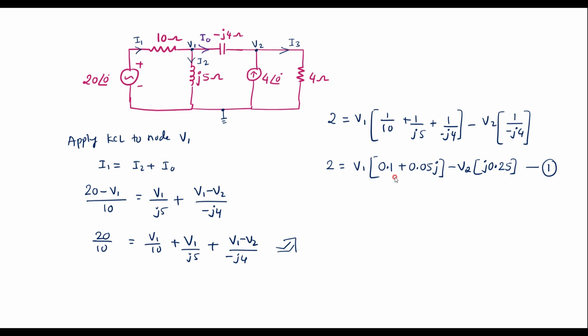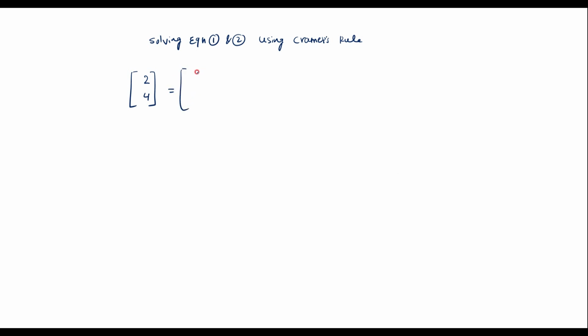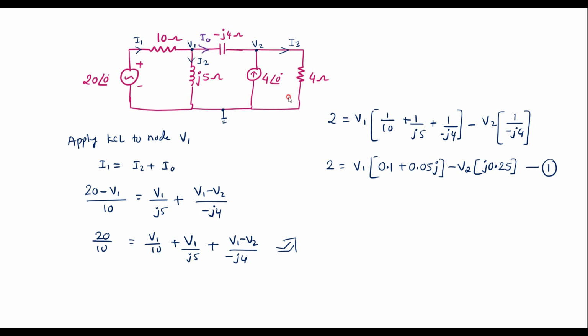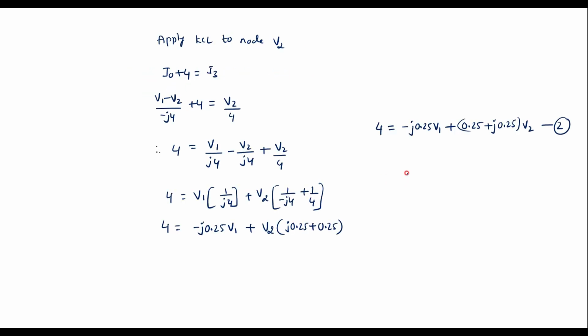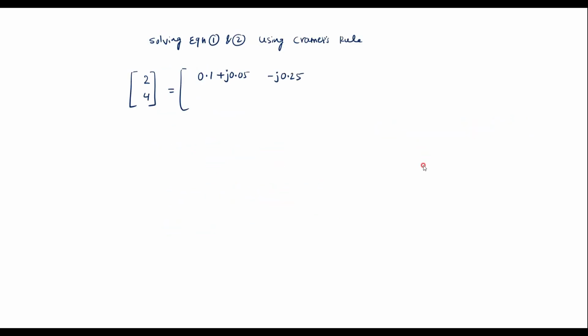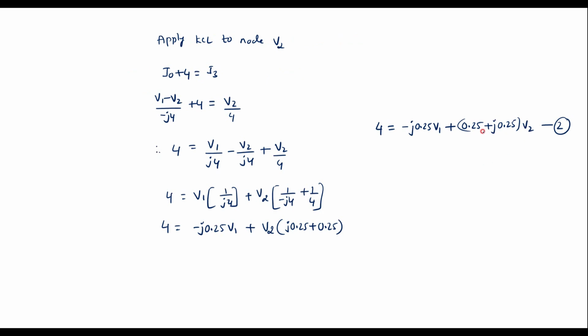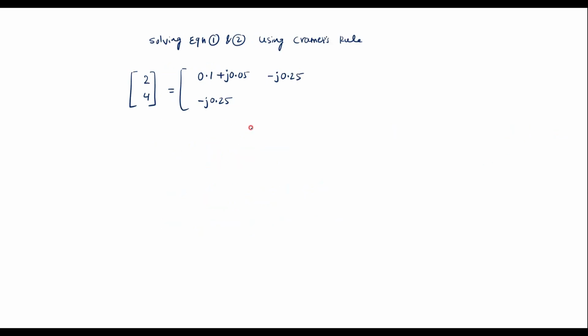Coefficient of V1 in the first equation is 0.1 plus j0.05. Coefficient of V2 in the first equation is j0.25 minus... Then the coefficient of V1 in the second equation is minus j0.25, and the coefficient of V2 is 0.25 plus j0.25, with unknowns V1, V2.